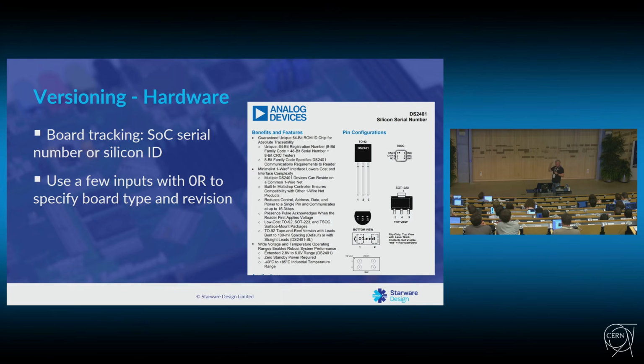And so if you go to the Starware Design GitHub, there's a simple block with the actual interface, where you can store the Git hash, the 32-bit hash, and then you can have a few IOs that you can get on pins and set the board revision and the board type using some 0-ohm resistor.